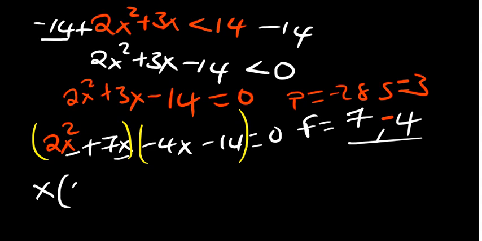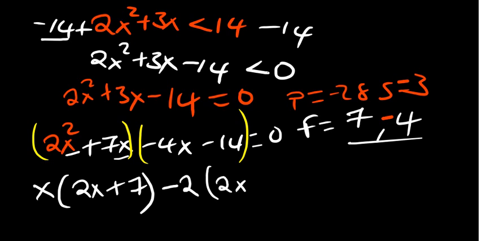So you remain with 2x plus 7, right? Then the other part, the highest common factor in terms of the numbers, I think it should be a 2. Let's make it negative 2 so that what you have in the brackets will be positive as well. So we have 2x plus 7.